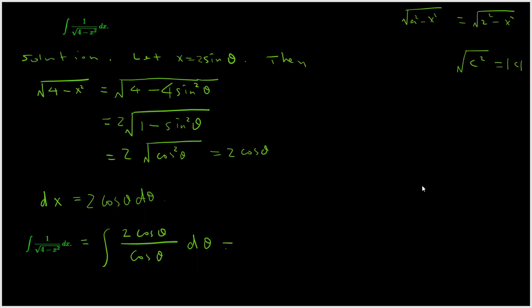Okay. Cos of theta and cos of theta cancel. And then you take out the constant 2. So you are trying to compute 2 times the integral of 1, the integrand in this case is 1, I do not have to write 1, I just write d theta. Okay.